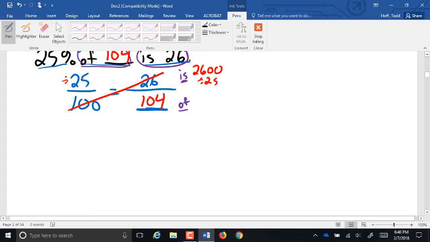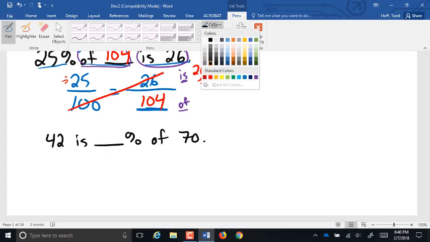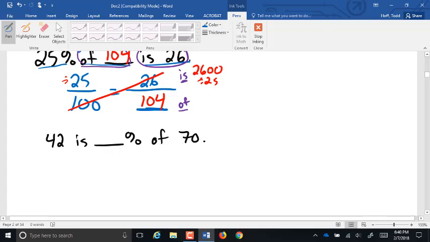We can have a little bit different problem yet. 42 is blank percent of 70. Now, we've said in this proportion method, we always start with the percent. But in this problem, we don't have the percent. Doesn't matter. We're still going to start with the percent. Blank percent is blank out of 100.